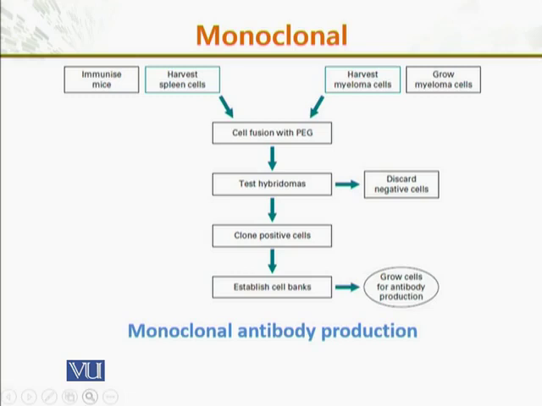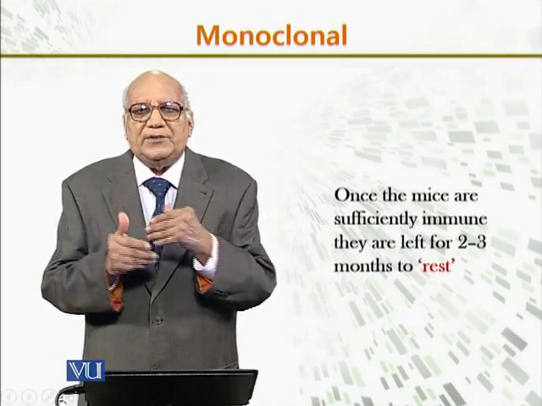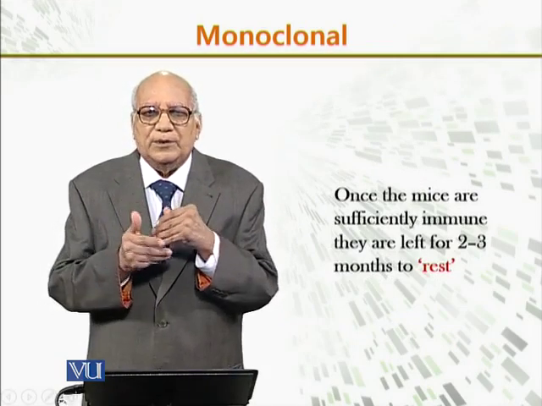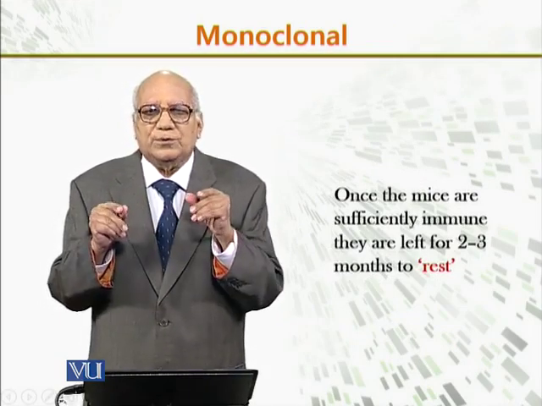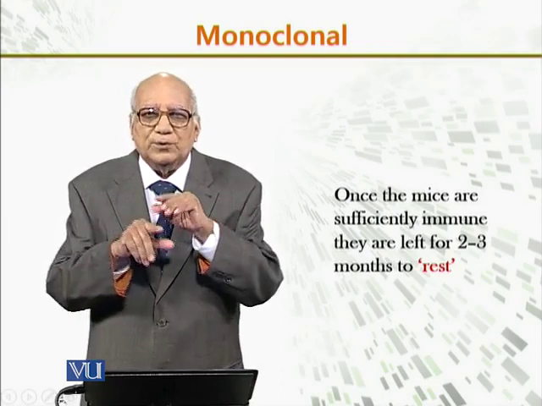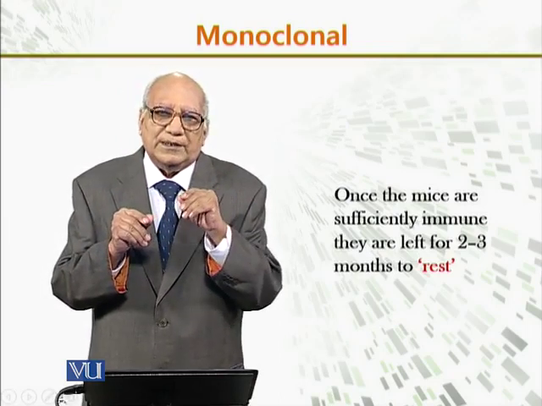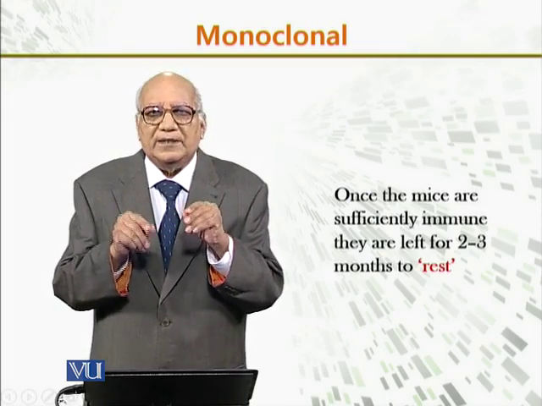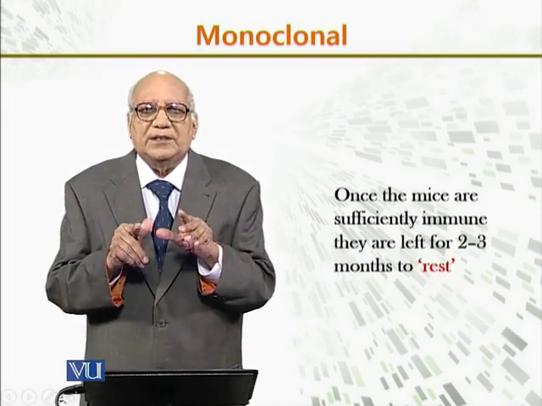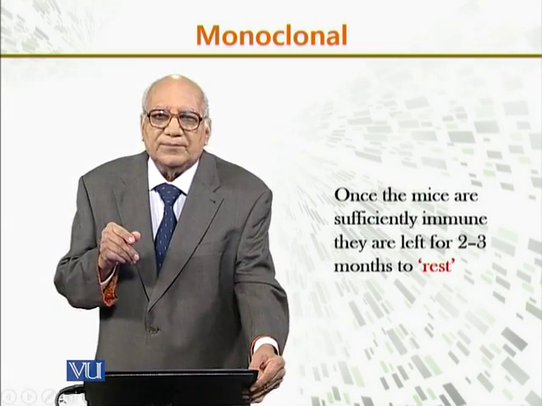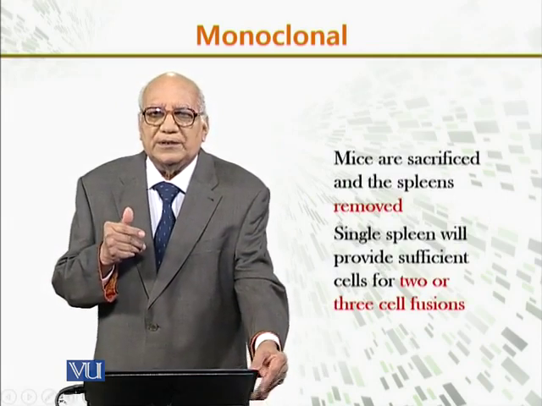If it is not, the cycle goes on until we get the titer that is actually required. Once the mice are sufficiently immune, they are left for 2 to 3 months to rest. During this time they are just fed and no immunization is done, so that the antibodies are produced.